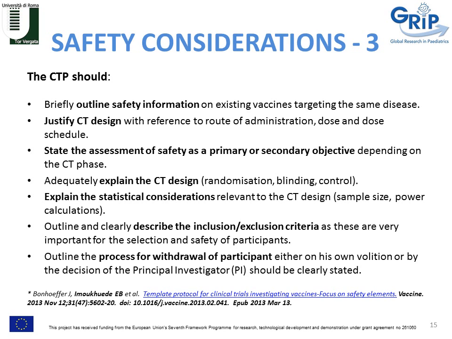The clinical protocol should briefly outline safety information on existing vaccines targeting the same disease, justify clinical trial design with reference to the route of administration, dose, and dose schedule, state the assessment of safety as a primary or secondary objective depending on the clinical trial phase, adequately explain the clinical trial design, that is randomization, blinding, and control, explain the statistical considerations relevant to the clinical trial design, including sample size for the trial and statistical power calculations.